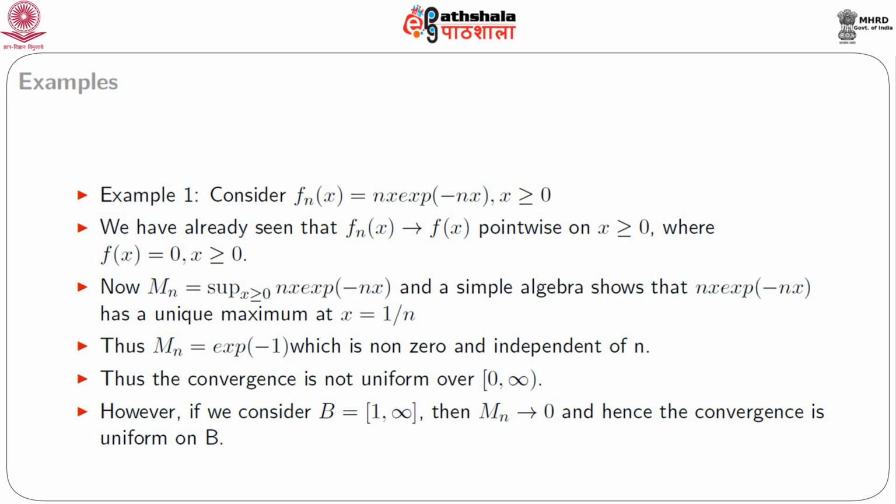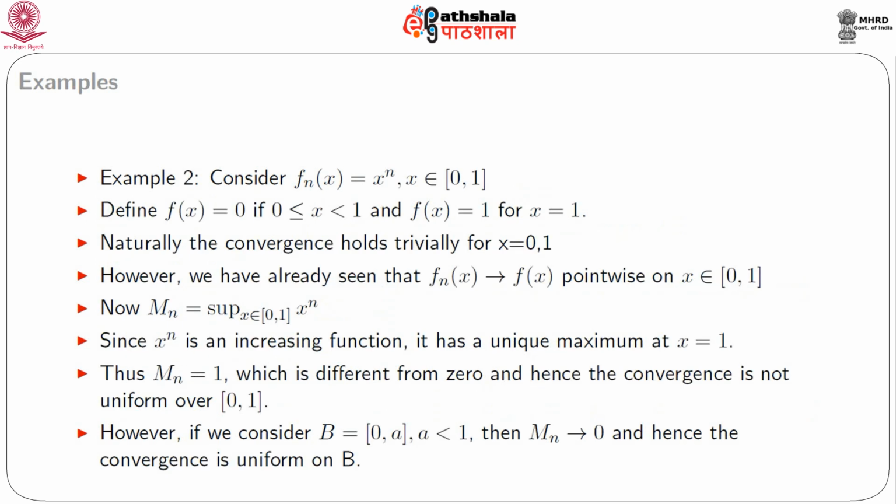Thus the convergence is not uniform over the set (0, infinity). However, if we consider a subset B equal to [1, infinity), then M_n tends to 0, and hence the convergence is uniform on B.